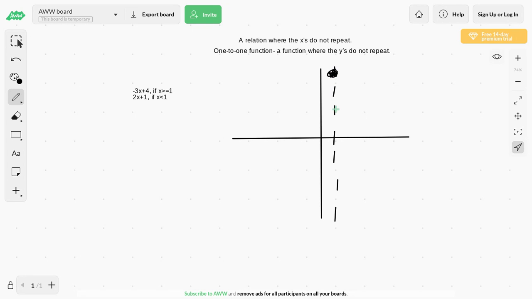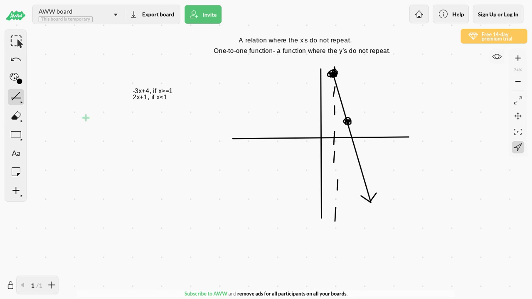So we go down 3. So 1, 2, 3. So about here, and over 1. So to about here. So that works out. And we don't need to draw a second point. It's not really necessary. So you have a point right there. So that's your first line, and it makes sense.